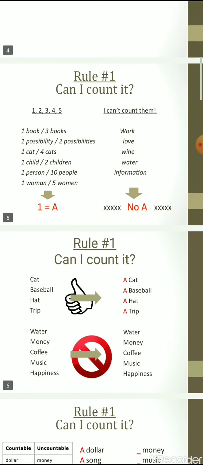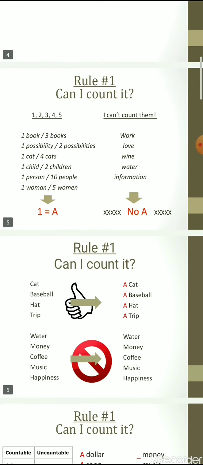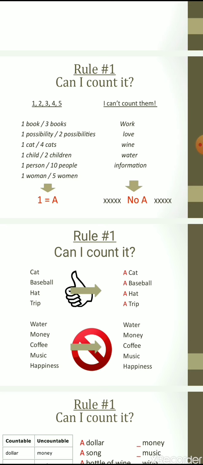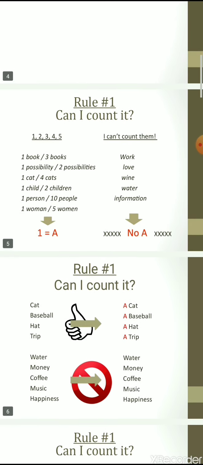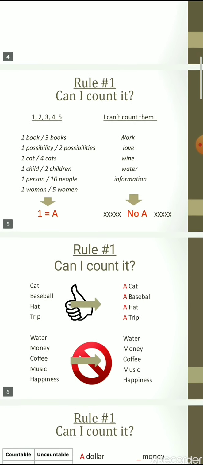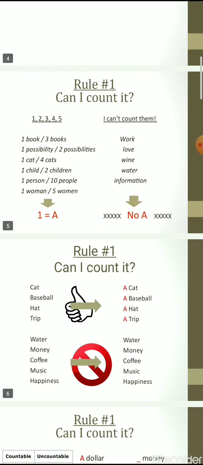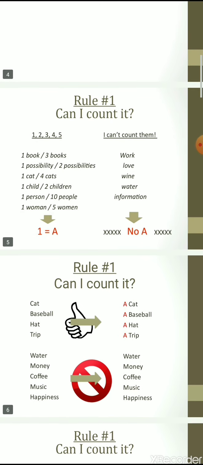Now where do we use a and an? There are some rules for it. First rule, a and an can only be added to nouns that can be counted. Means they have to be countable nouns. With uncountable nouns, we cannot add a or an. So countable singular nouns, you can see here: one book, one possibility, one cat, one child, one person, one woman, only can have a.